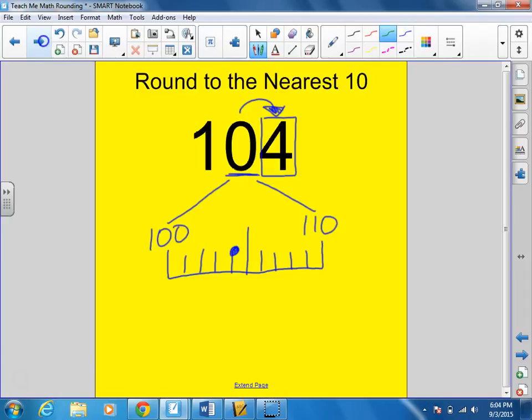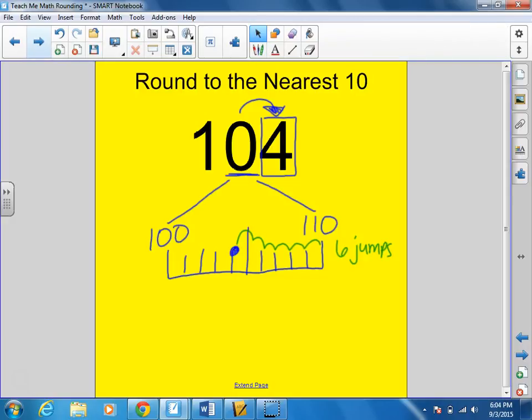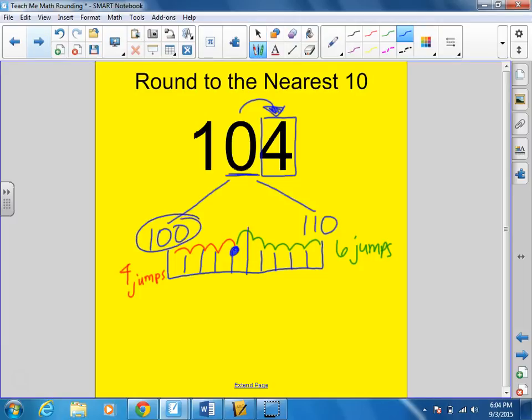If we jump to the right, we have 1, 2, 3, 4, 5, 6. 6 jumps. If we go to the left, we have 1, 2, 3, 4. 4 jumps. Because it only took 4 jumps to reach 100, we round down to the lower value. So 104 is closest to 100.